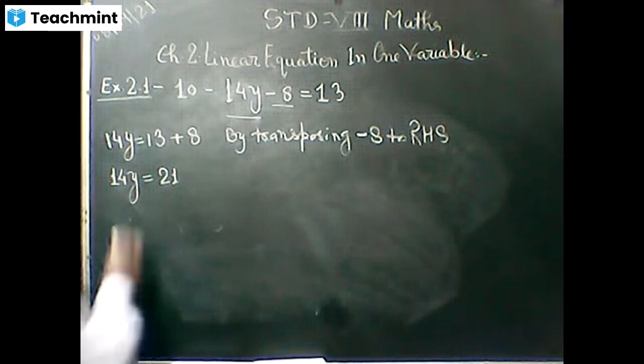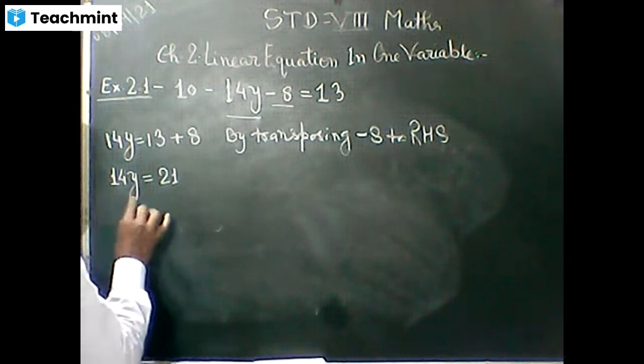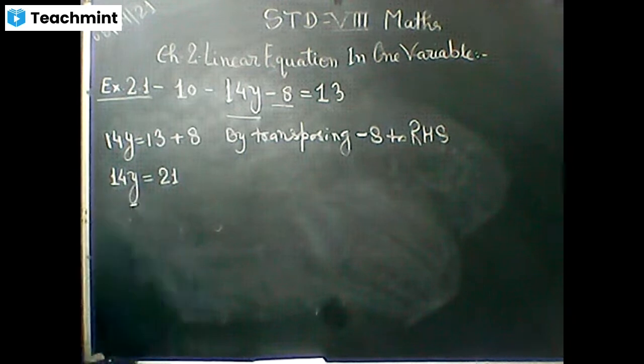And now we have to find the value of our variable y. That y variable is also covered with the factor 14. We have to find the value of our real variable, that is y.